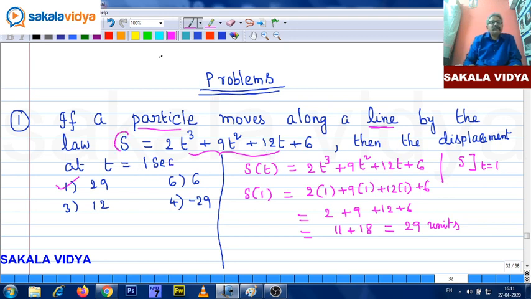So, S represents displacement, a function of t, S of t is equal to 2t cube plus 9t square plus 12t plus 6. Now S at t is equal to 1 you need to calculate.